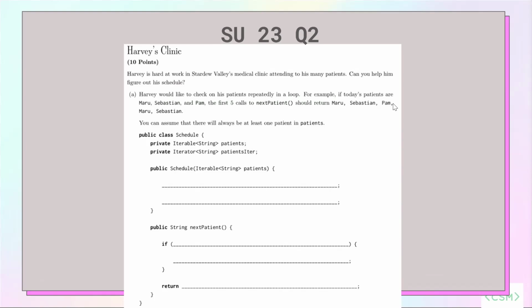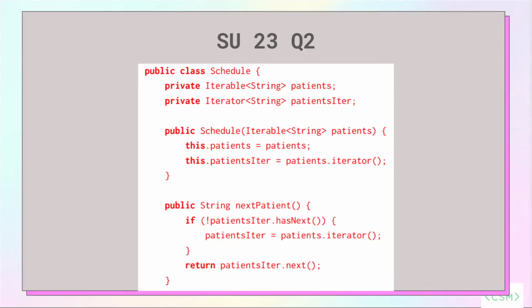Once this iterator runs out at Pam, the new iterator will start fresh from the front of the list, because for each iterable you can create as many iterators as you want. Each iterator will reach the end when the list ends. So we check whether this iterator has run out, and if so, we create a new one and start from the beginning again.